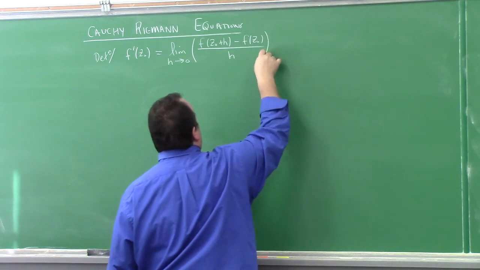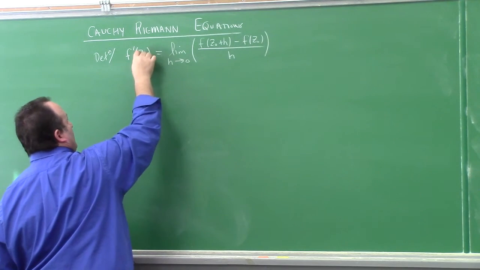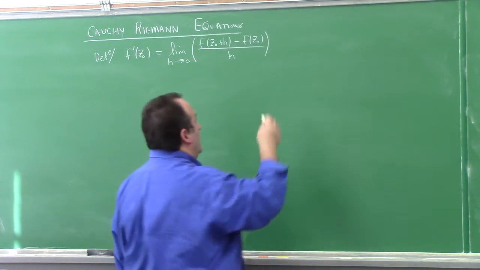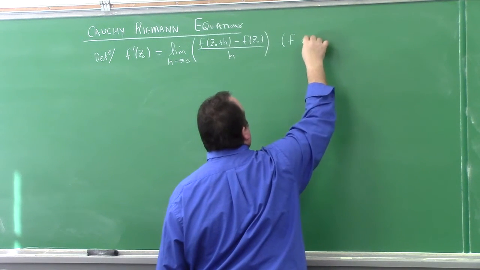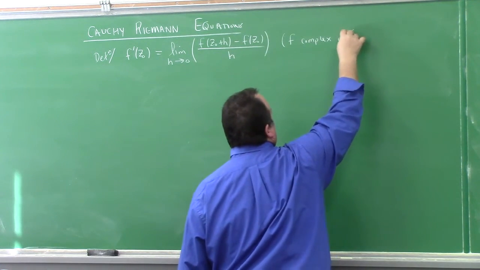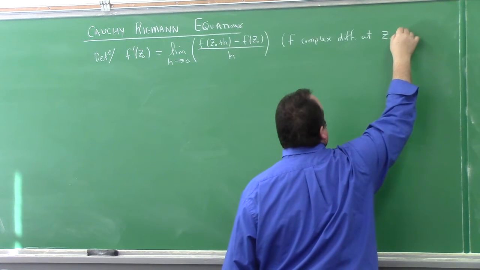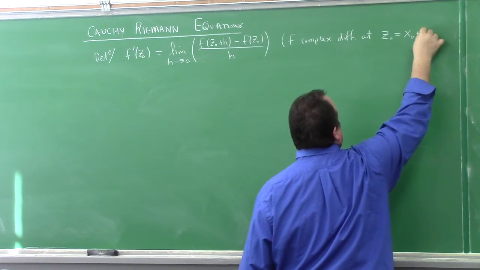If this limit exists, then f is said to be complex differentiable at z naught. So we could say z naught is something like x naught plus i y naught.